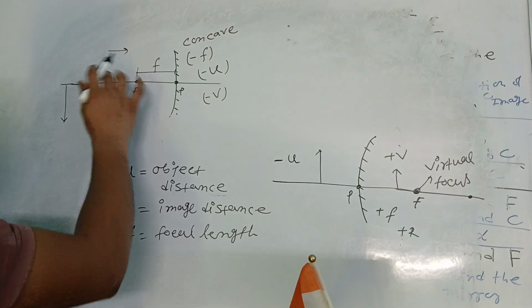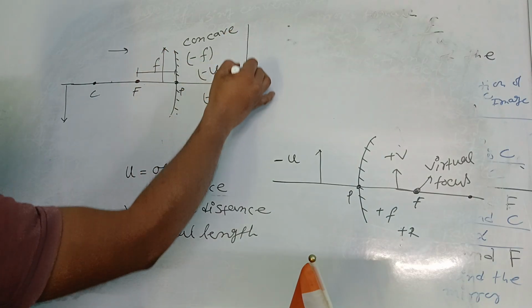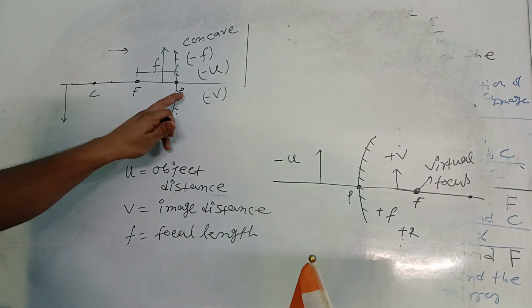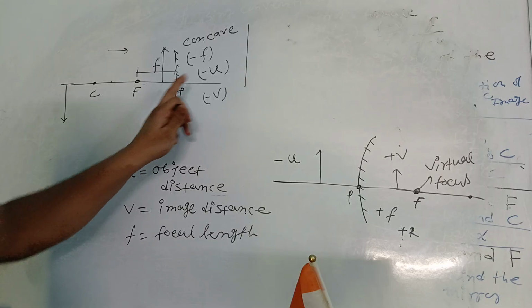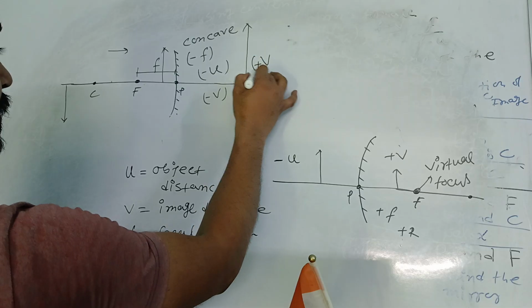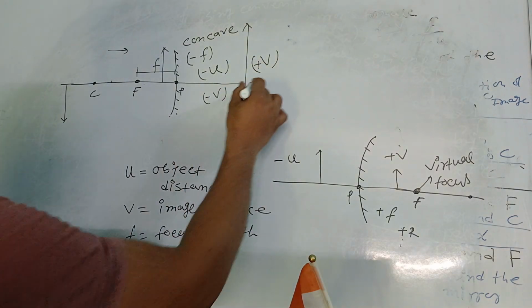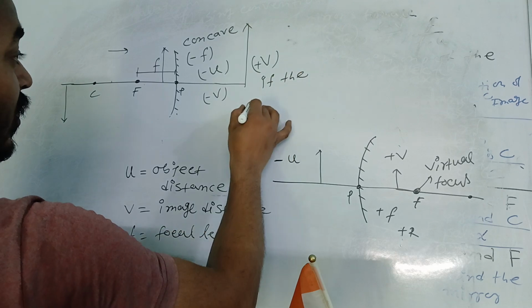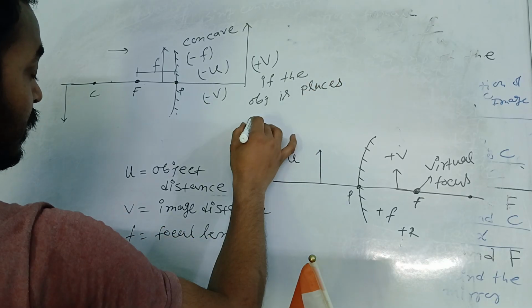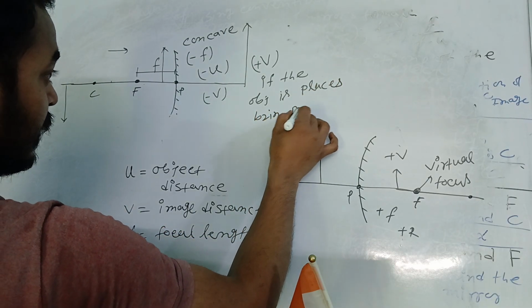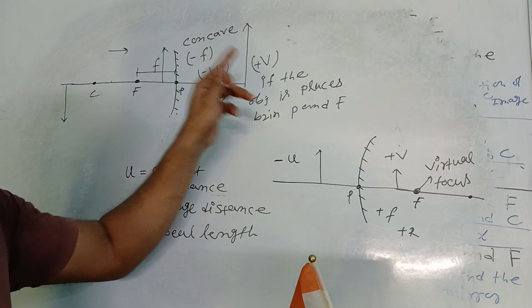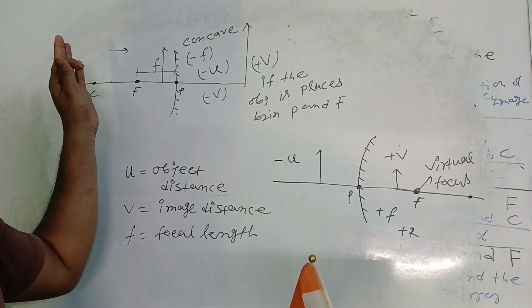The image is formed behind the mirror, and that time v is positive. Only in that one case is v positive, otherwise v is negative.